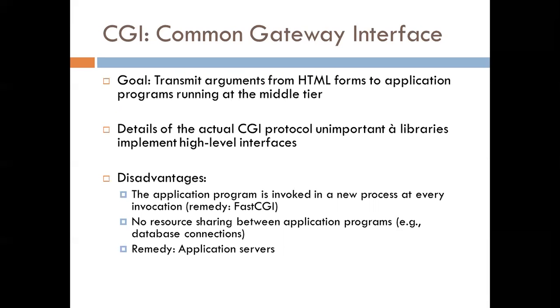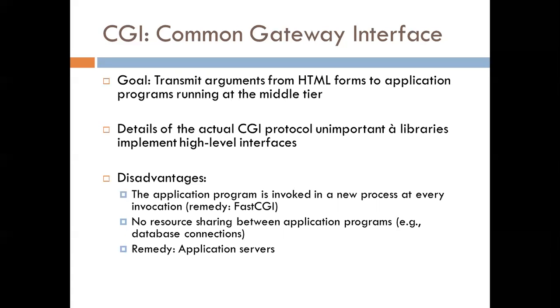The common gateway interface: its main objective is to transmit the arguments from HTML forms to the application program that is running at the middle tier. In yesterday's class, we saw an HTML form where we enter our data. For example, consider the login page where we enter the user ID and the password.